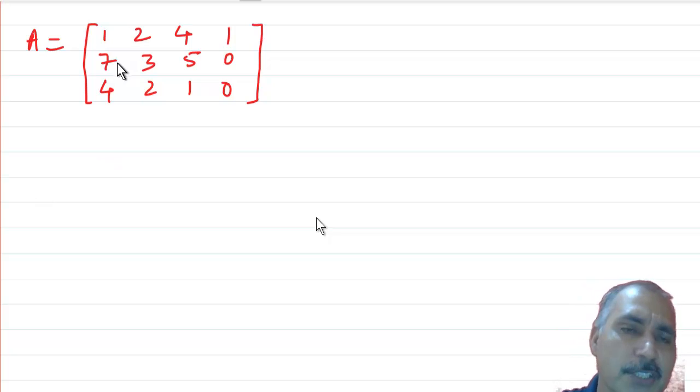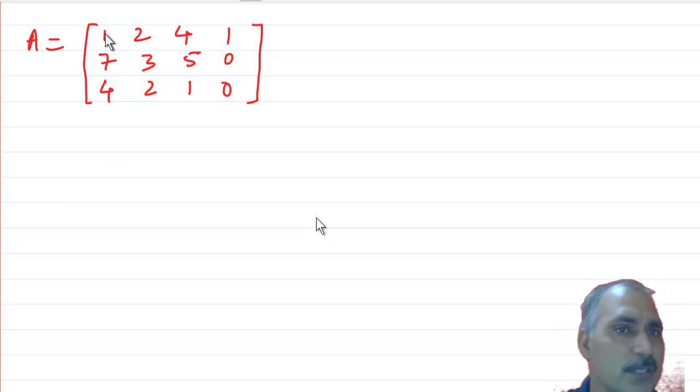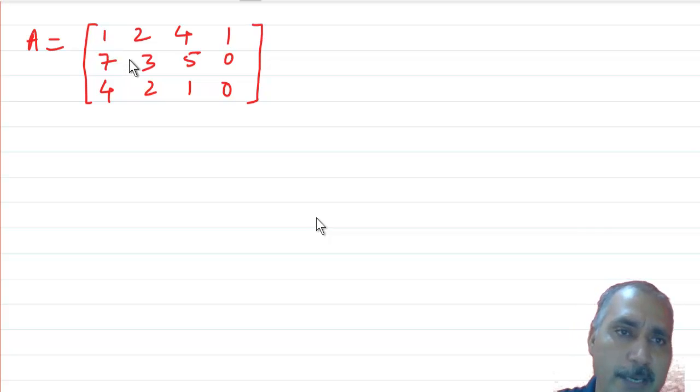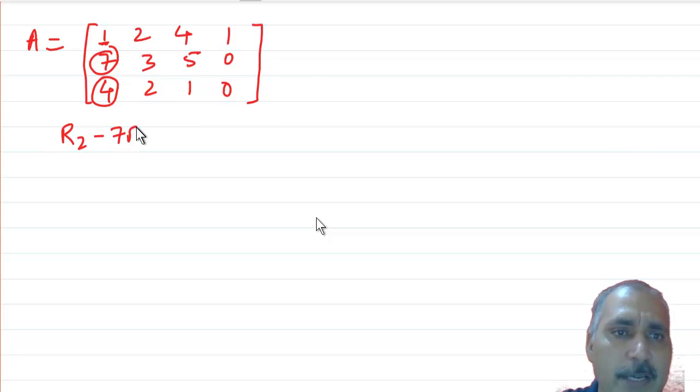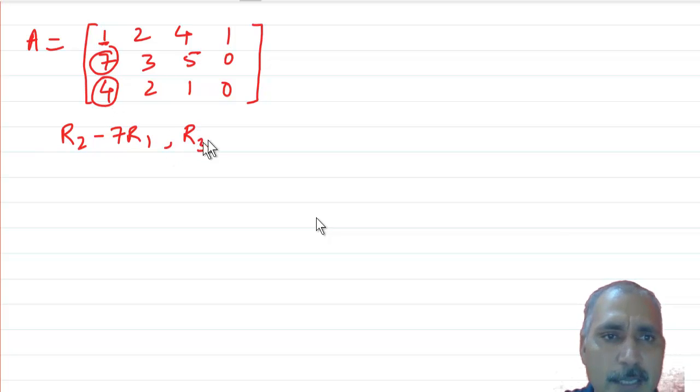Now our intention is to follow the same procedure as we have done in the case of converting the matrix into identity matrix. This is already 1, so there is no issue of that. Now with the help of this one, we are going to make this and this element 0. For that, the operation is going to be R2 minus 7 times R1, and to make this one 0, we can take R3 minus 4 times R1.